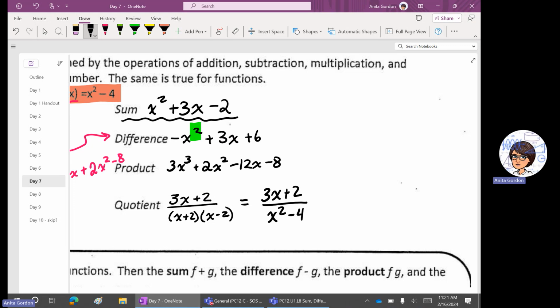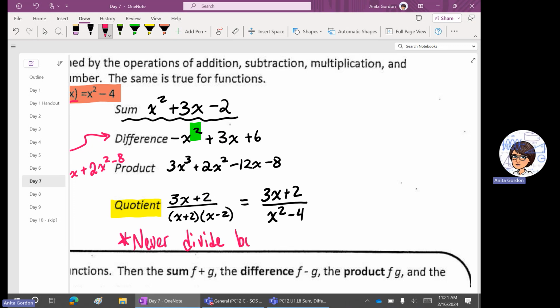x squared minus 4. However, there is something special when we talk about quotients. Quotients means we are dividing something, and one of the important rules in math is we can never divide by 0, right? That creates a black hole of doom. We do not want to divide by 0.